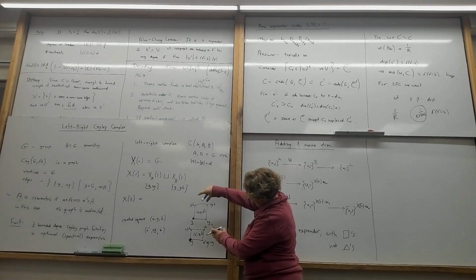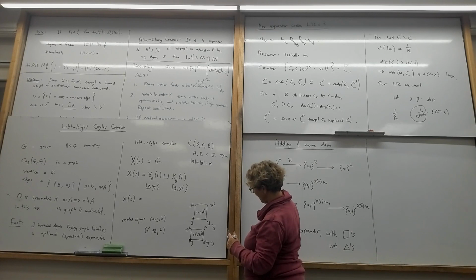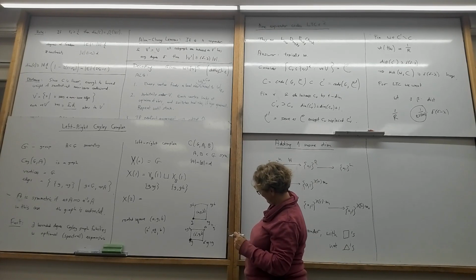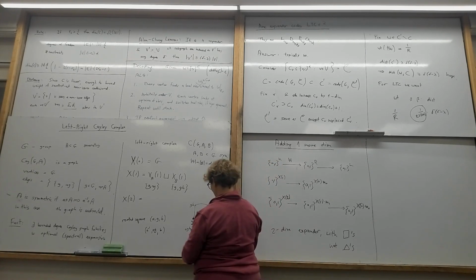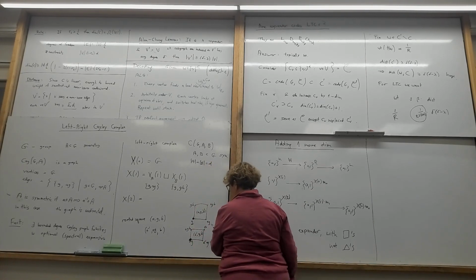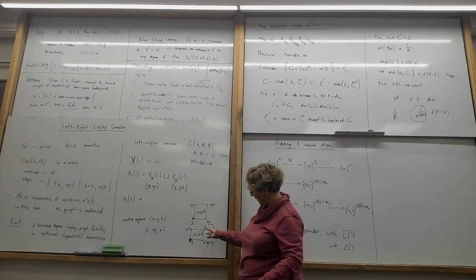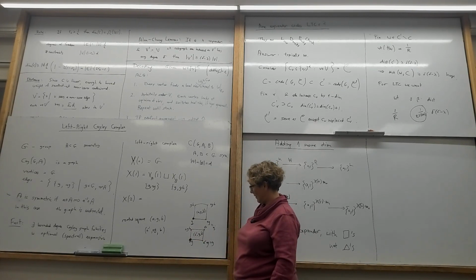You see, it's just looking at it differently. Maybe I should have drawn it nicely. It's the same cycle with the same four vertices, but the vertex that's highlighted is this guy.